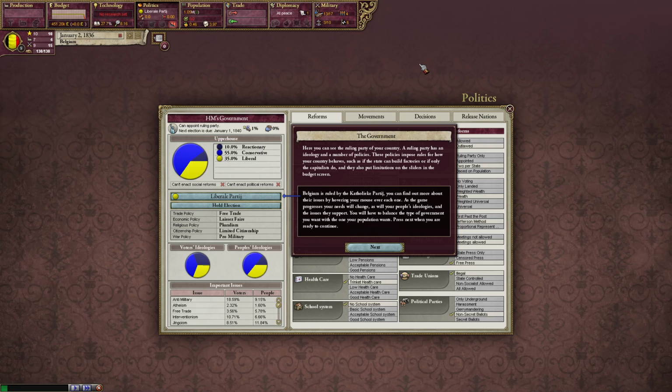Belgium is ruled by the Catholic parties. You can find out more about their issues by hovering your mouse over each one. As the game progresses, your needs will change, as will your people's ideologies and the issues they support. You will have to balance the type of government you want with the one your population wants.